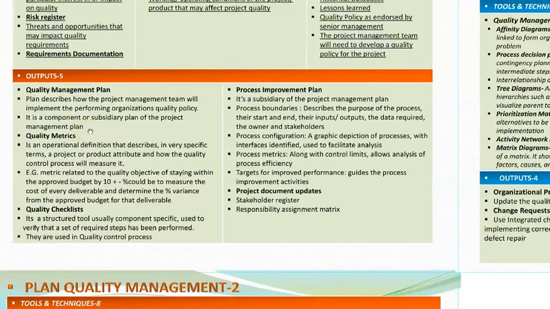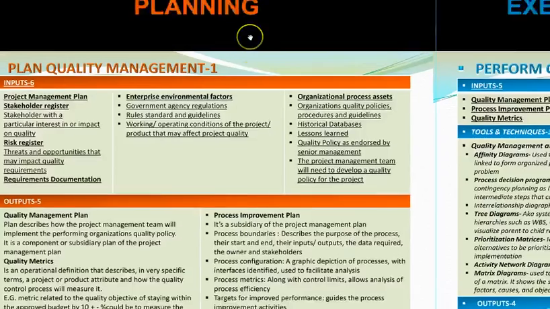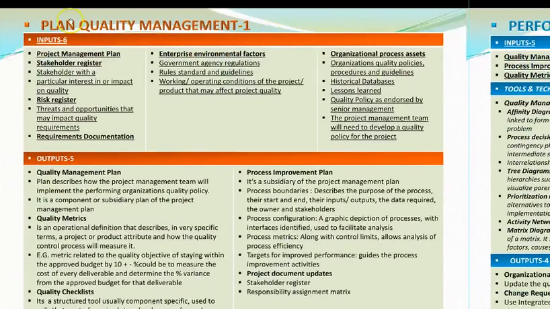What is process improvement an output of? This is process improvement and it is an output of plan quality management. When the quality process is not within limits, what tool and technique do you use to predict the performance?